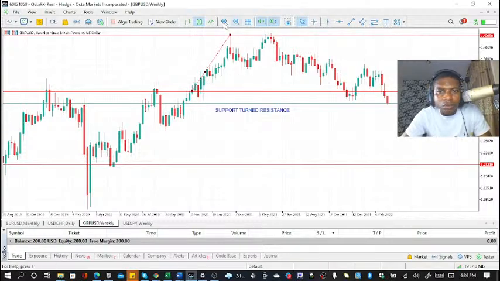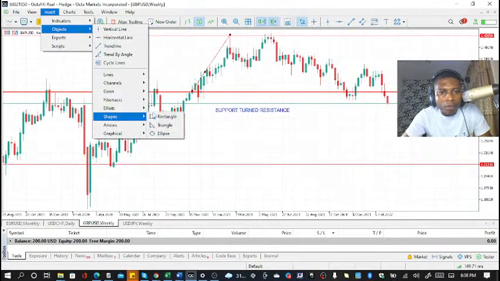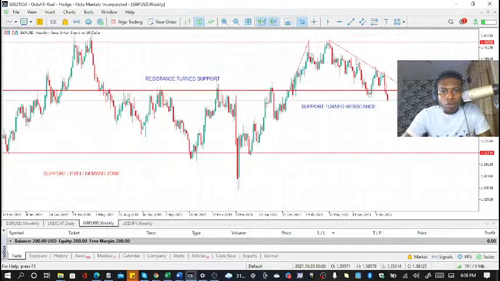I need to get a shape in here. All right. So you can see what's here, right? A triangle.